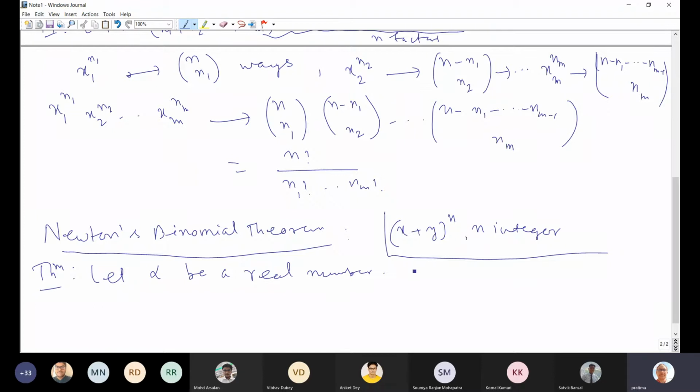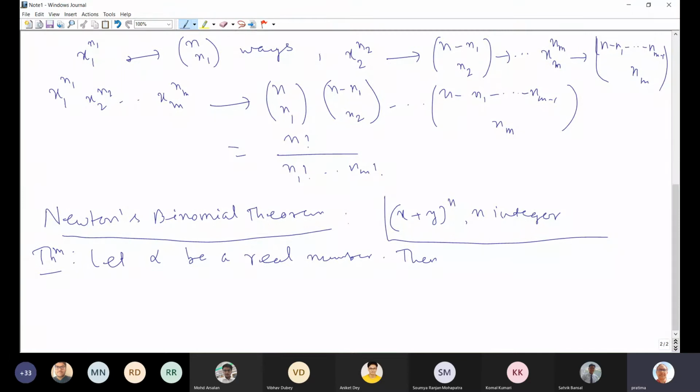Then x and y may be real or complex. So for all x, y with the condition that the modulus of x is less than the modulus of y, and x may be 0 also.